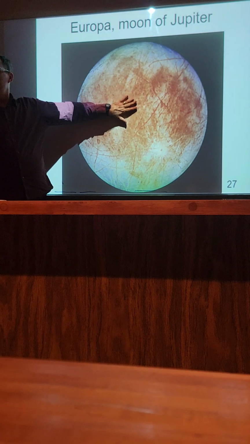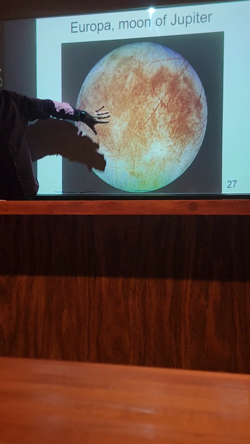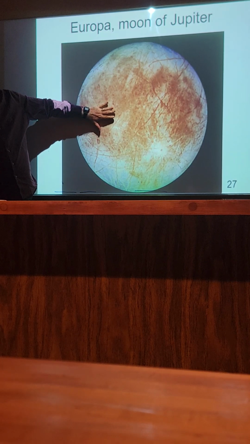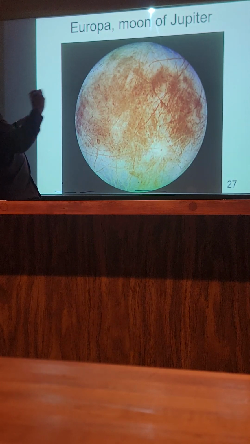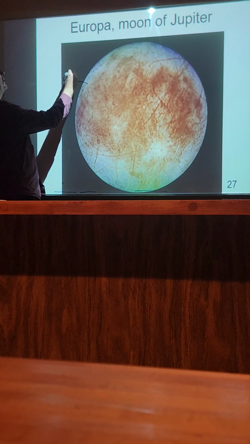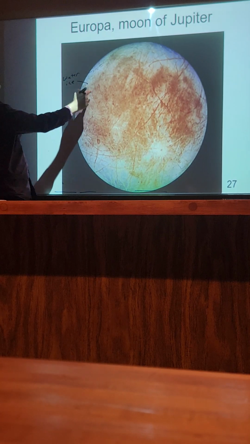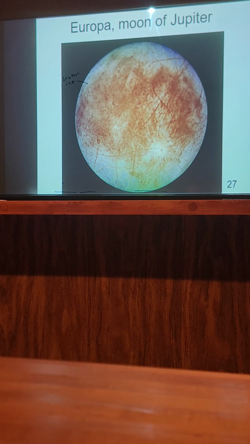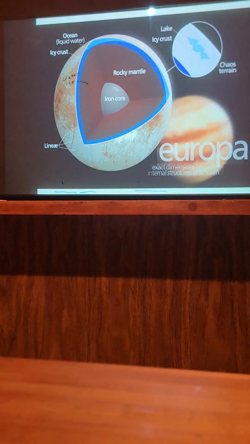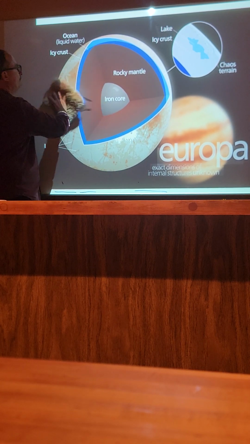One of the moons of Jupiter, Europa, has an icy surface. This is all water ice, and it's broken up in these cracks. Based on models, the gravitational force of Jupiter on Europa would produce enough heat internally.